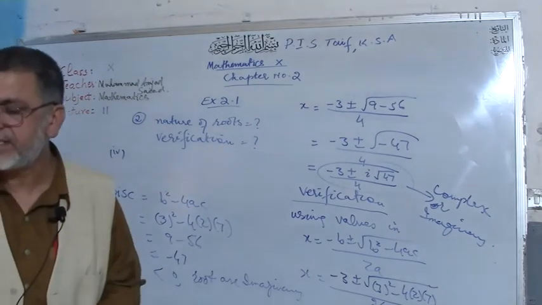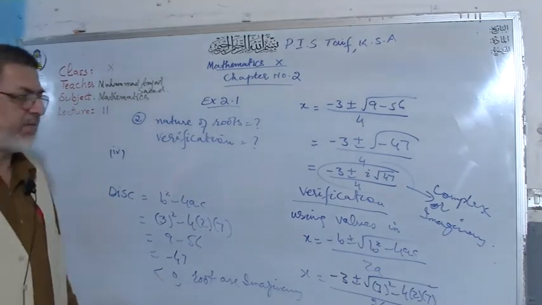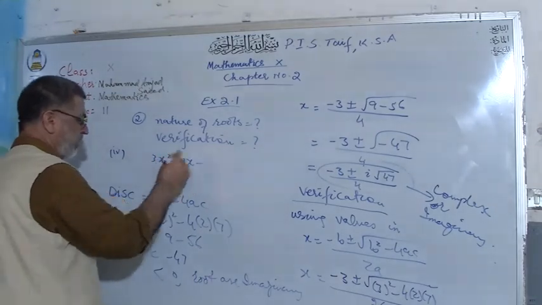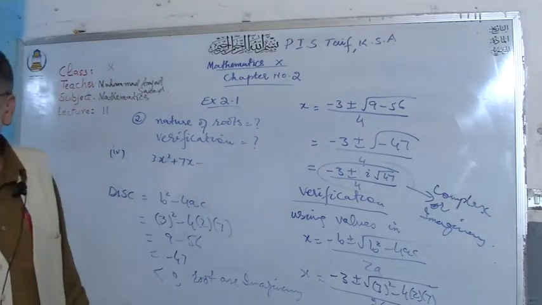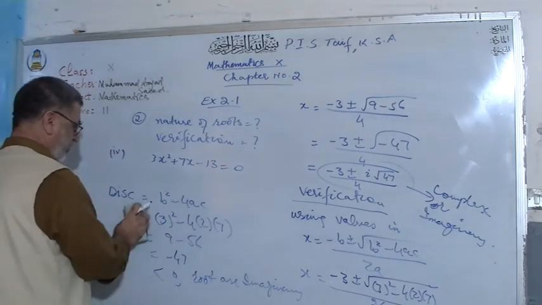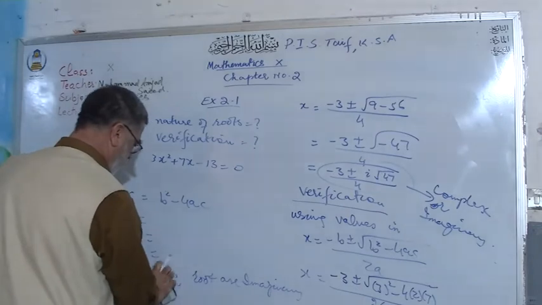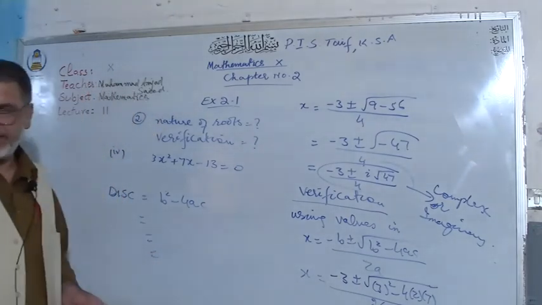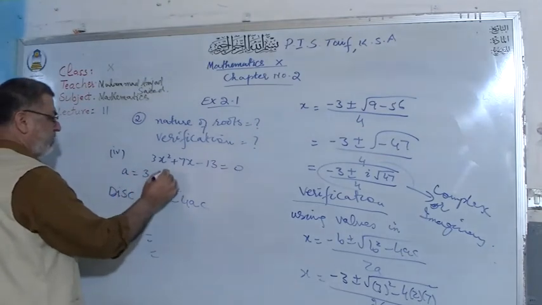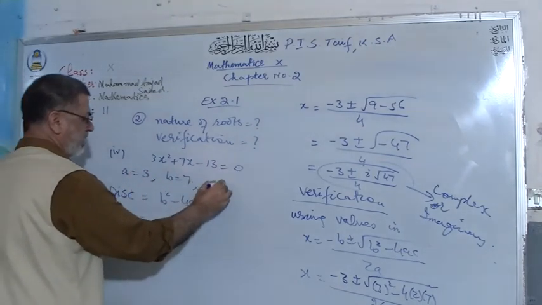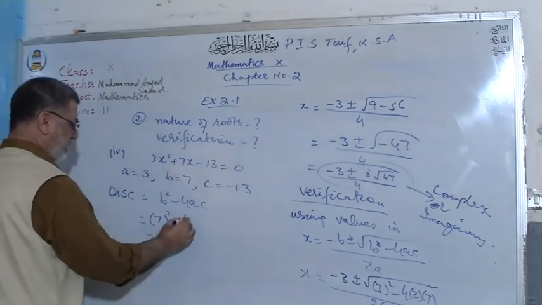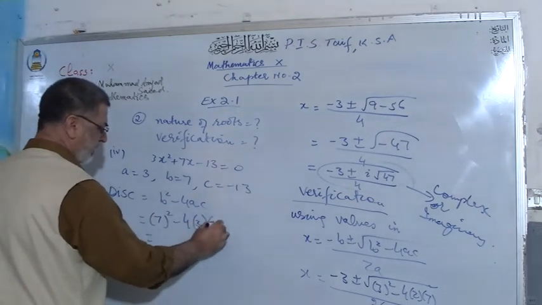Part number 4 is 3x square plus 7x minus 13 is equal to 0. Using the values in our discriminant, a is equal to 3, b is equal to 7, c is equal to minus 13. 7 square minus 4 into 3 into minus 13.